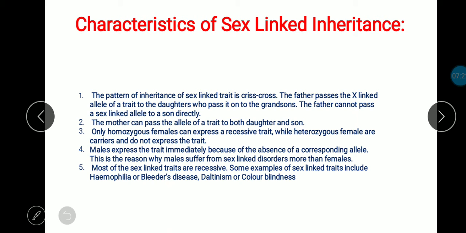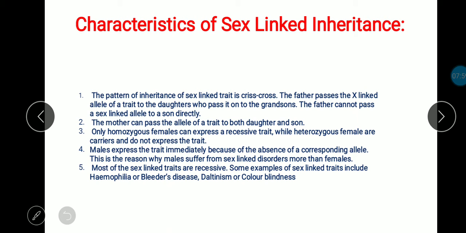That is, these genes present on sex chromosomes are different in different sexes, male or female. Hence, their inheritance shows a crisscross manner. A mother can pass an allele of a trait to both daughter and son because she has two X chromosomes, meaning two sets of those genes.